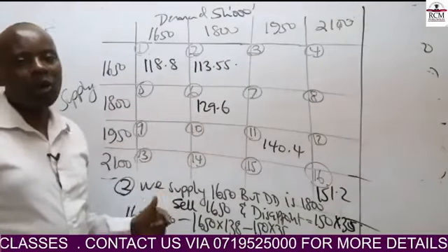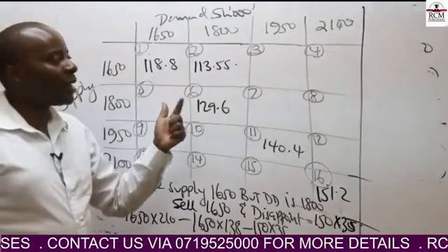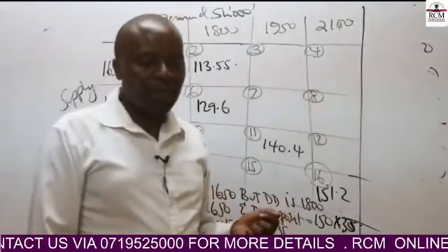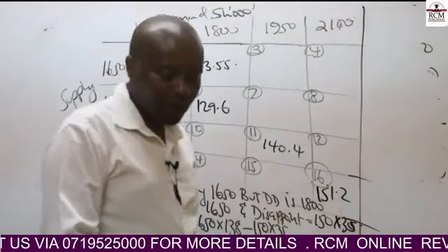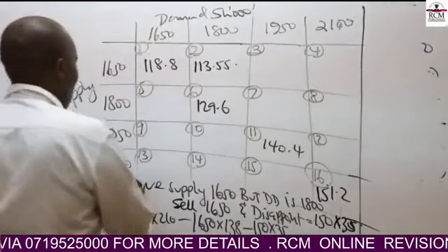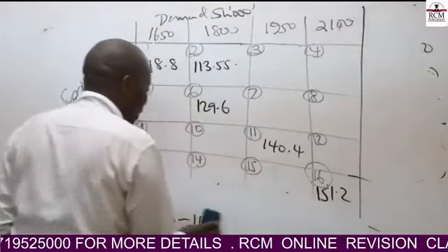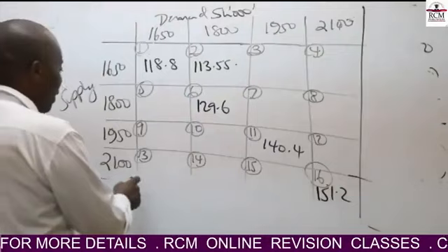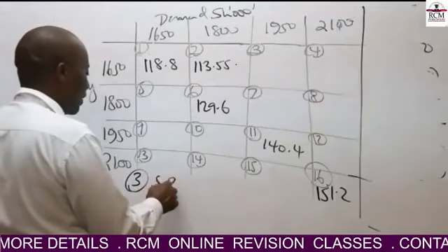That is why some customers are going without supplies. So cell number 3, what is happening? For cell number 3, I would want to make this very clear. For cell number 3, we supply 1650.